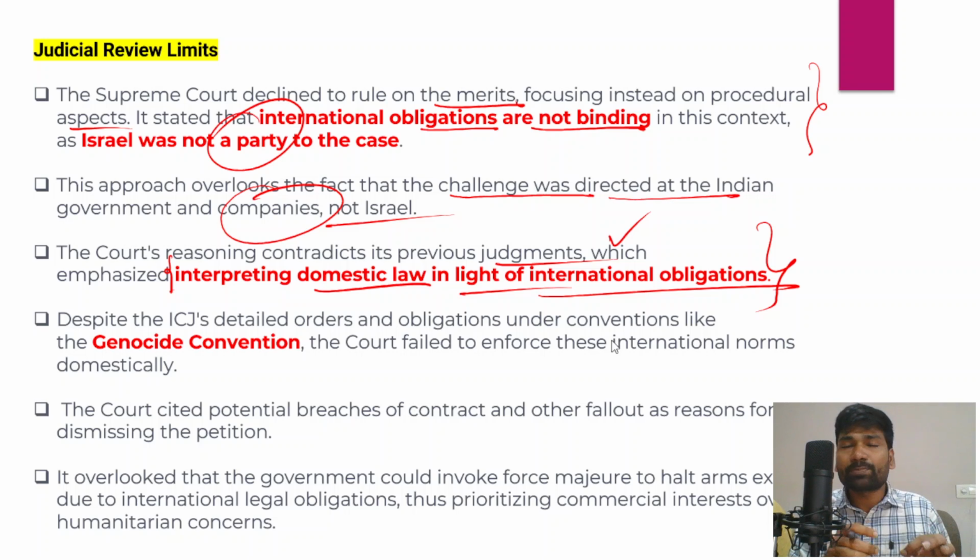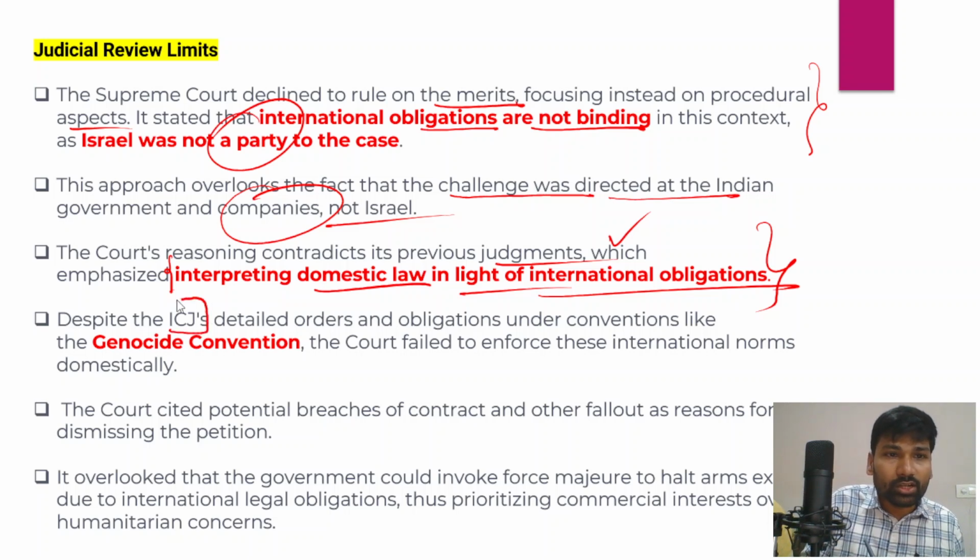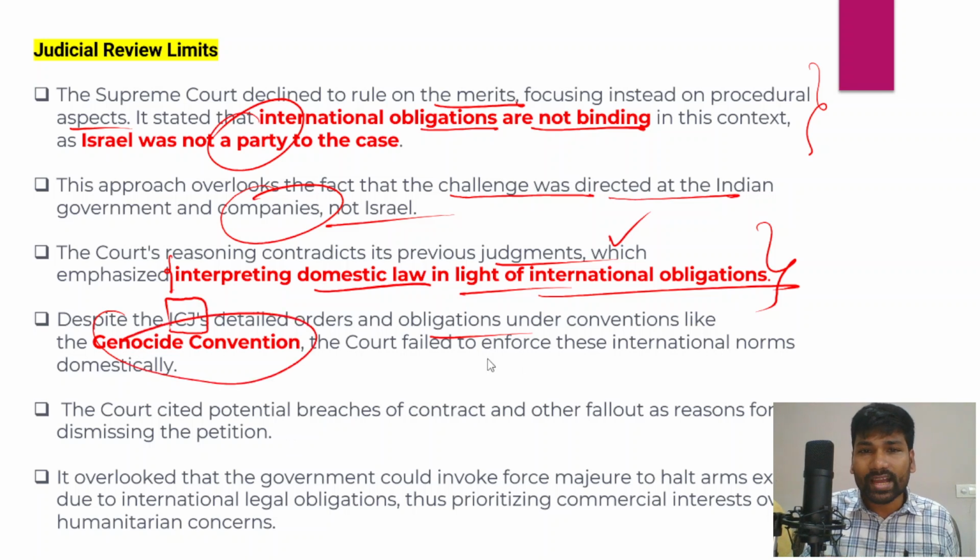However, despite the International Court of Justice's detailed orders, or even obligations under certain conventions such as the Genocide Convention, the Supreme Court has failed to enforce these international norms.